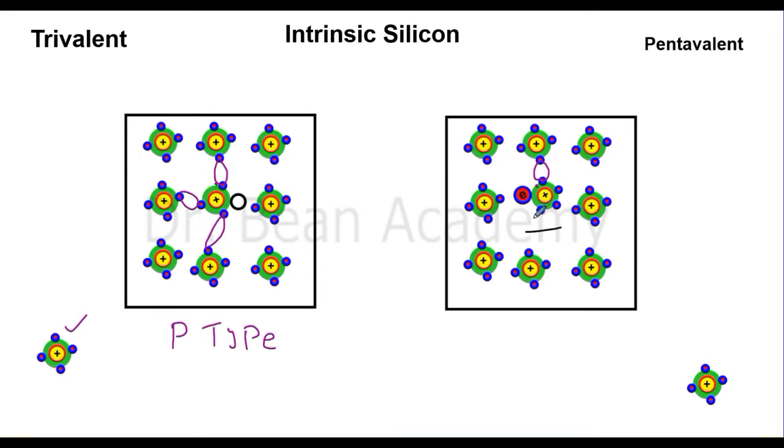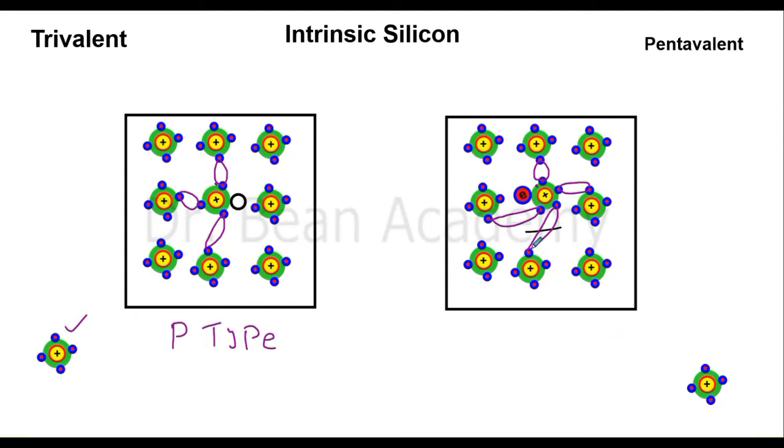So this may make a covalent bond with this atom, this may make a covalent bond with this one, and this one can make a covalent bond with the 4th neighboring silicon atom.